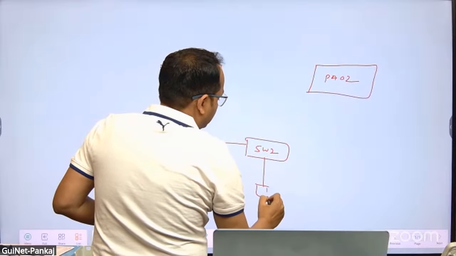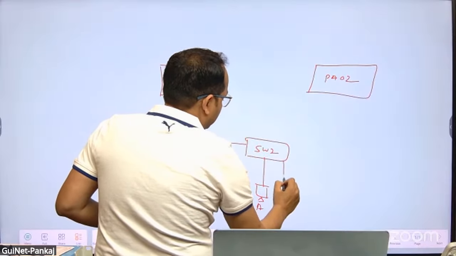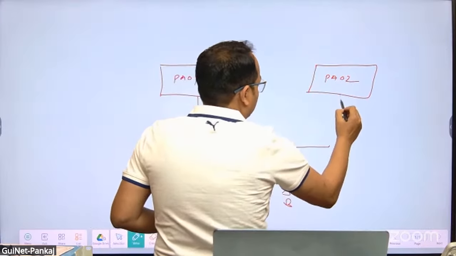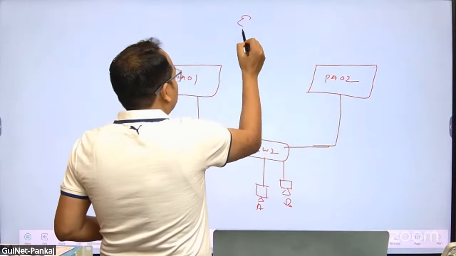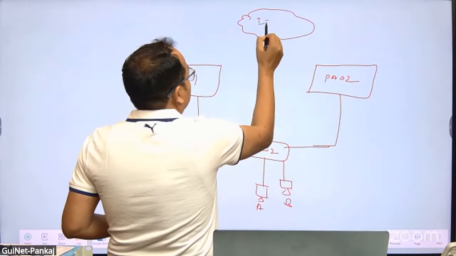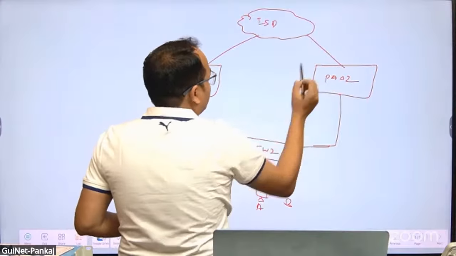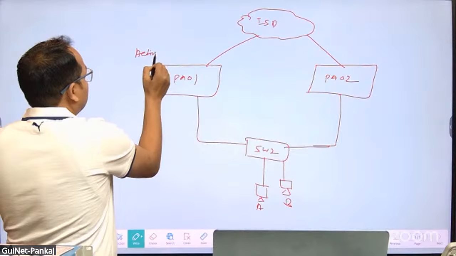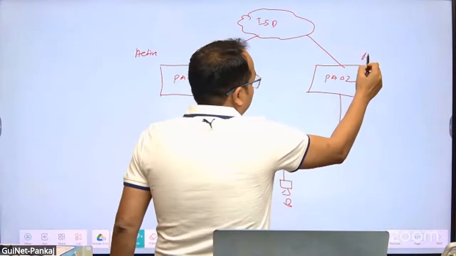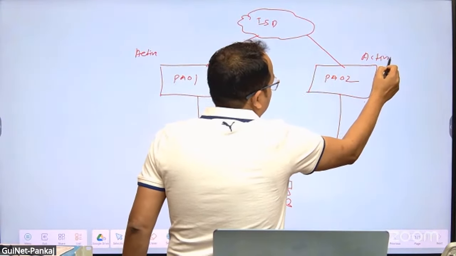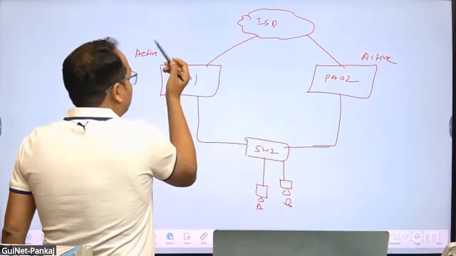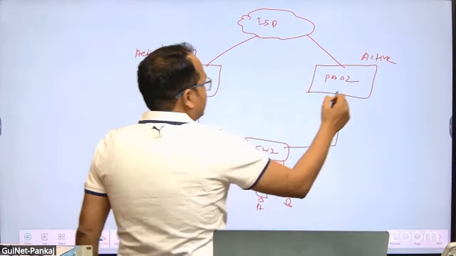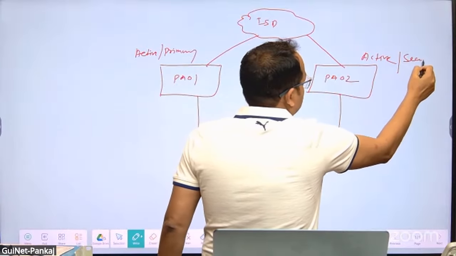Again I have client A and client B connecting this way. Then they have the internet, ISP, connected this way. So this firewall acts as active, and this one also acts as active. But one firewall acts as active primary, and this firewall acts as active secondary.